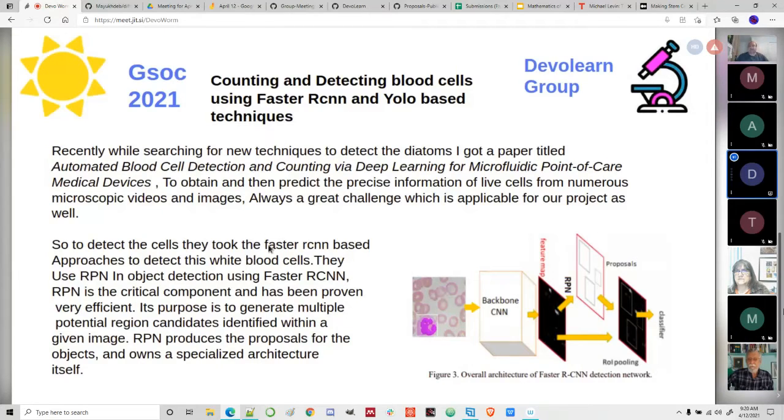We can take the RCNN-based approach to detect white blood cells. They use an RPN, region proposal network, creating the backbone with a regressor, and after that they take multiple potential regions from the cells. You can see that it detects and sends them to the proposal, and after that a classifier will classify them.